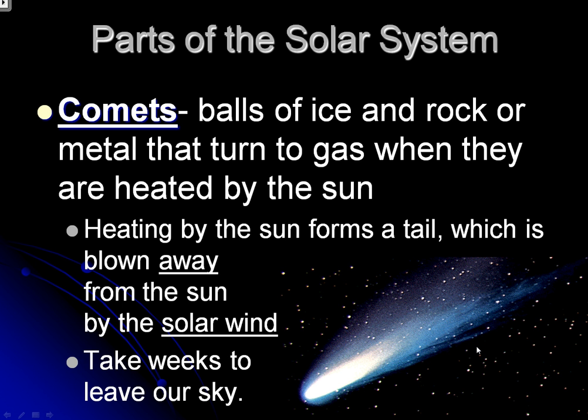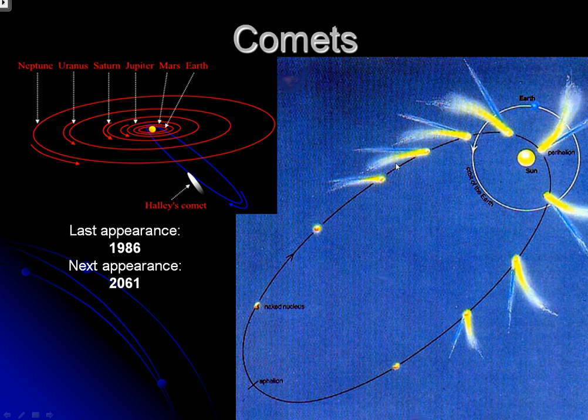The tail, which is the defining characteristic of a comet, is actually formed because as it nears the sun, the ice and other gases that form the body of the comet start to be vaporized by the solar wind.